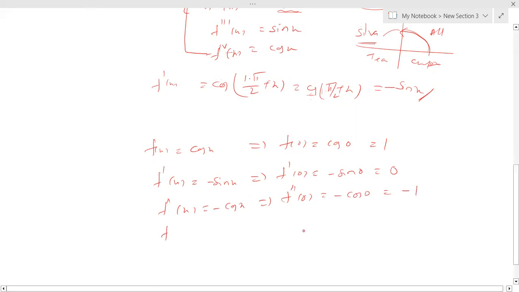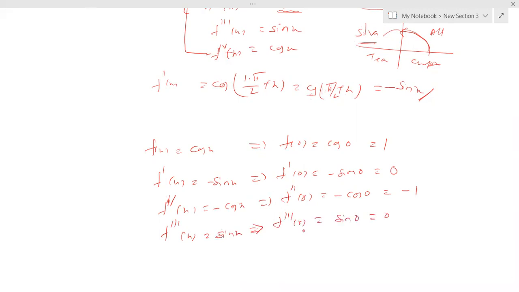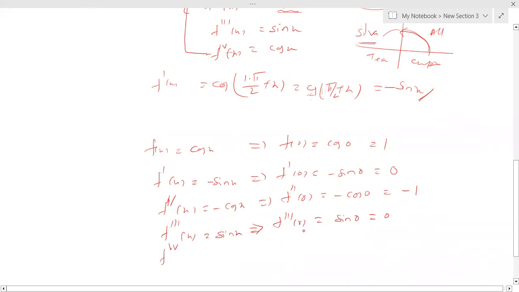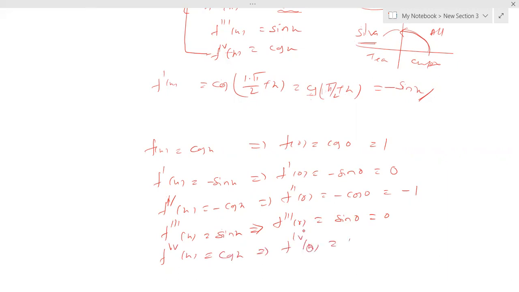And so on. This is the second derivative. The triple derivative is minus into minus plus sin x. That implies the triple derivative at 0 equals sin 0. Sin 0 value is 0. The fourth derivative: sin x derivative becomes cos x. That implies the fourth derivative at 0 equals cos 0.